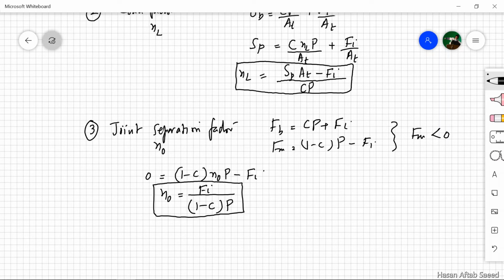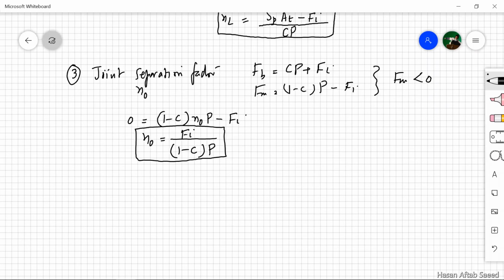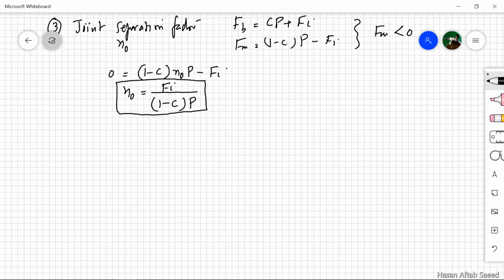So before we move on to a numerical problem, let's take up another related thing. What kind of preload FI we can put on a certain bolt? Magnitude of FI.